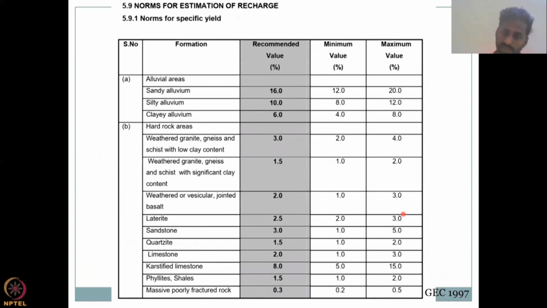So what the GEC has done, it has given you all the different types of formations or soils or rock material, however you want to call it, sand, or your soil type, etc. The formation and the recommended value. Then there is a range, minimum and maximum value. So in Indian terms, these are the recommended values. In international terms and globally, this could be the range.